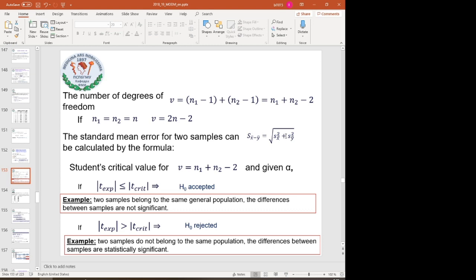We summarize variance, so standard deviation, sorry, not variances, but squared mean errors for the first sample and squared mean error for the second sample. We just summarize them and take the square root of the sum of squares.